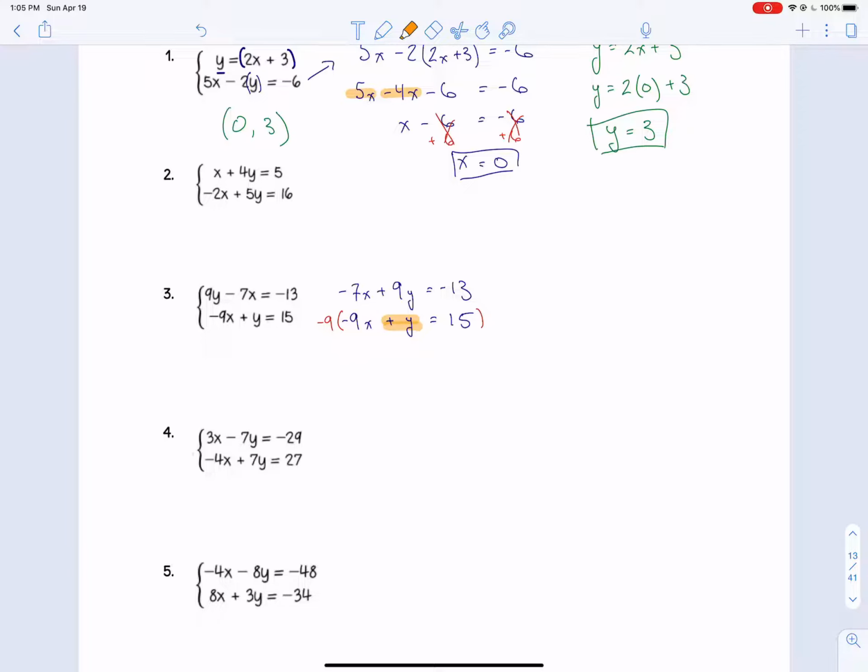So I'm going to rewrite this again after I multiply. Negative 7x plus 9y equals negative 13. Okay, so I have 81x minus 9y equals, and then negative 9 times 15 is negative 135.